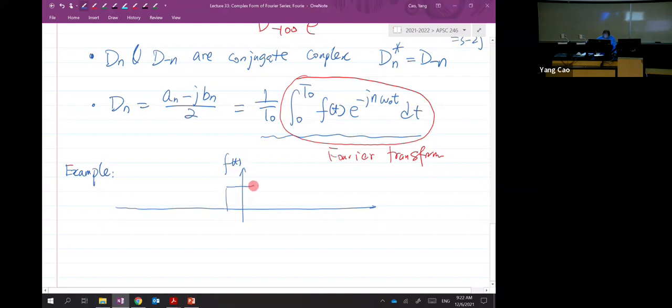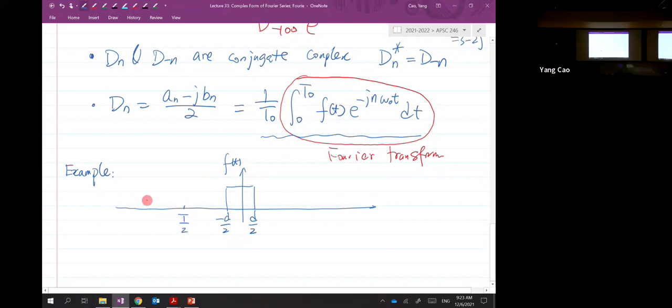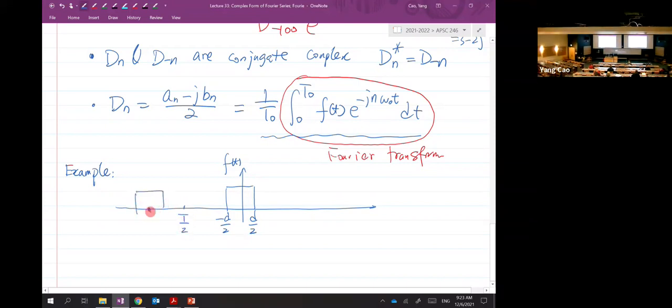So let's say I have a periodic function. It's basically a box, from negative d over 2 to positive d over 2. This is how the box is distributed in the time domain.